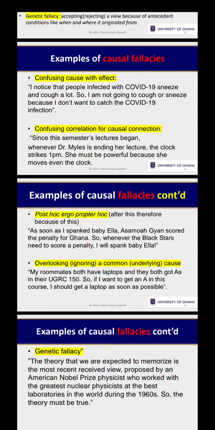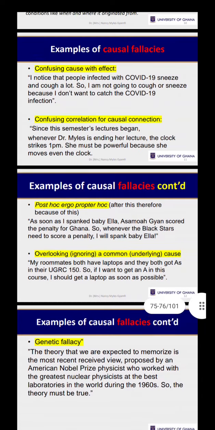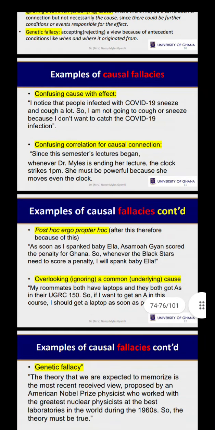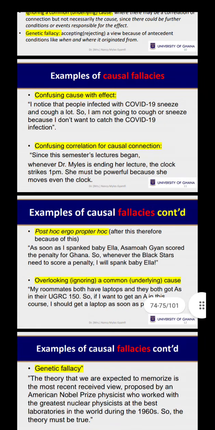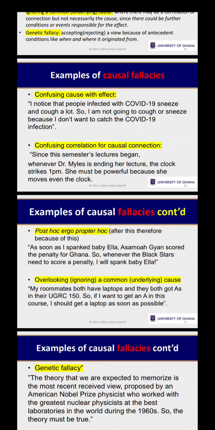It could be that this is the normal time she has scheduled for her class. She starts at 11 and ends at 1. And you have also noticed that anytime she ends her class, the clock strikes 1 p.m. That does not mean that she is the one that controls the time.